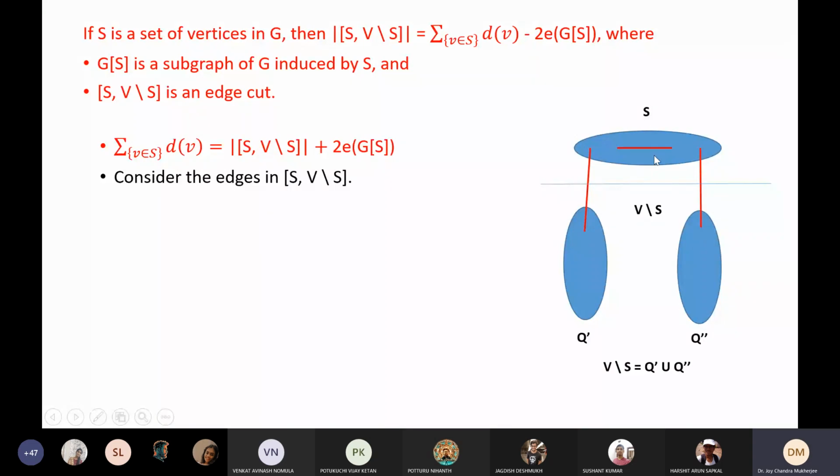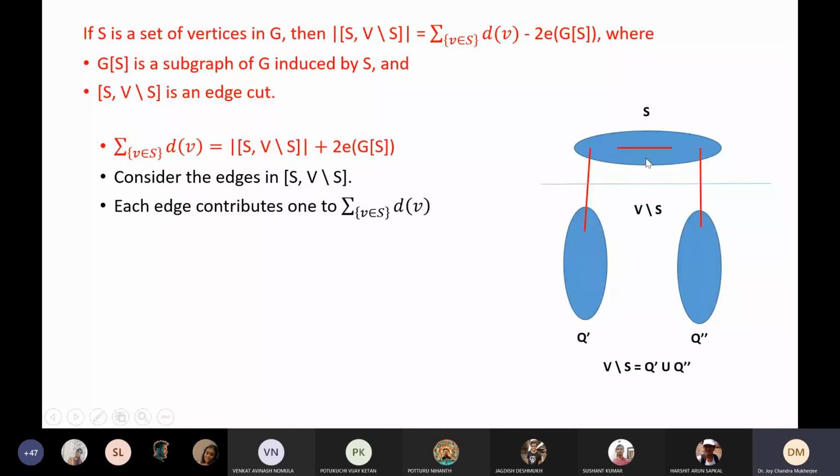If S is a set of vertices in G, that means all other vertices belong to V minus S. So there are some edges which are across S and V minus S. Consider the edges between S and V minus S. Now for all these edges, each contributes 1 to the degree of a vertex in S. So for this edge, 1 degree is added for this vertex, and for this edge also 1 degree is added. So each edge across S and V minus S contributes 1 to this value.